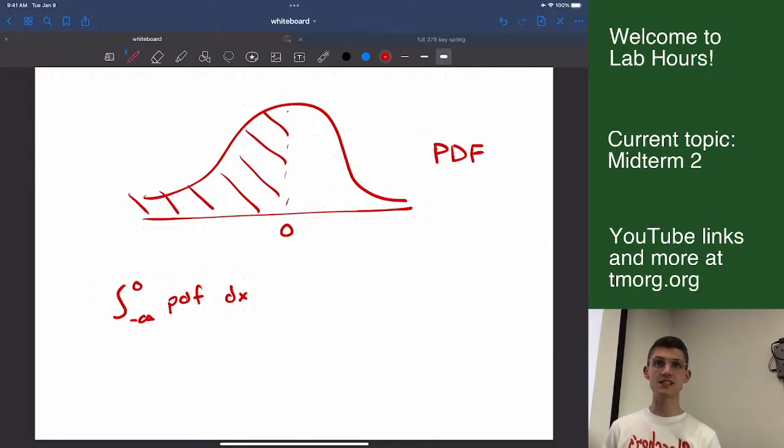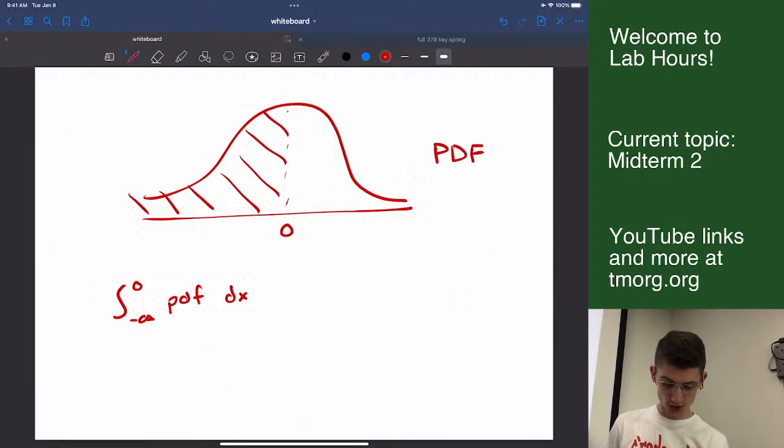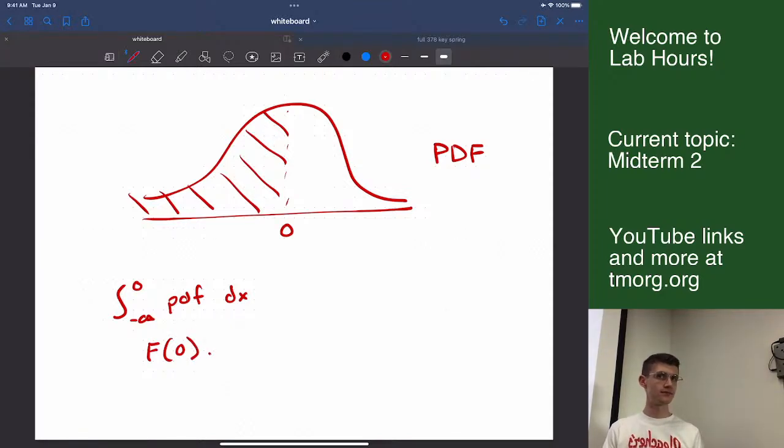Because -infinity to 0 represents all of the possible values this PDF can take on that are less than 0, so we find each of them individually and add them all up. Or I could just do big F of 0. Same thing.